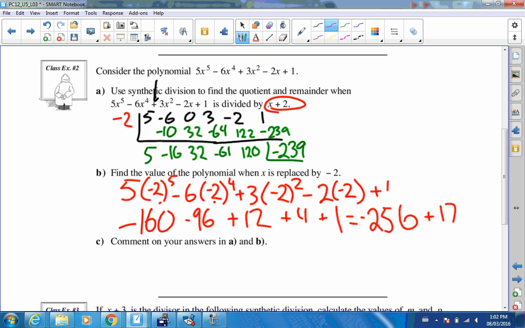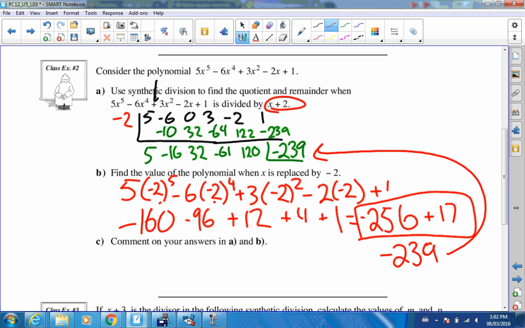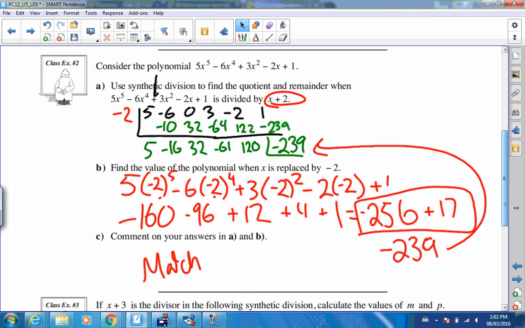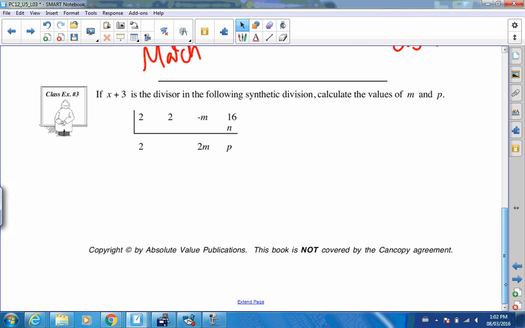And, ooh, it worked. If I put negative 256 and 17 together, I get negative 239, which was miraculously supposed to be what I was going to get because they match. Hey, they match. This is something called remainder theorem. We're going to see it later. So right now, I'll just ignore it.